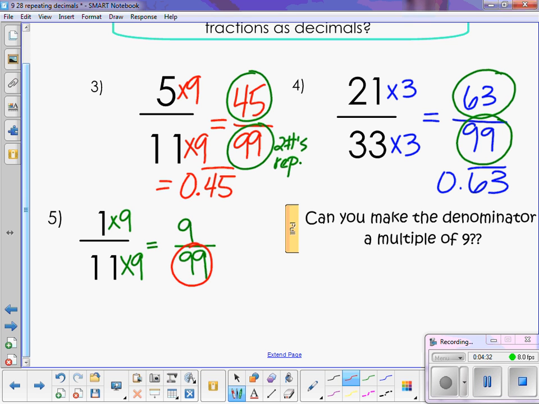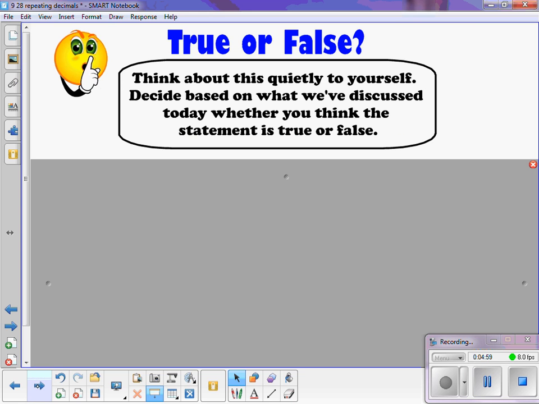But if you look at the numerator, I only have one number. All that means is that there is a leading 0 out in front, and that is what is being repeated as well. So this decimal would be 9 hundredths all repeated. So again, if there's one number in the numerator, but two 9s in the denominator, that means there's a leading 0 out front that you don't see, and that's included in your repeating decimal.